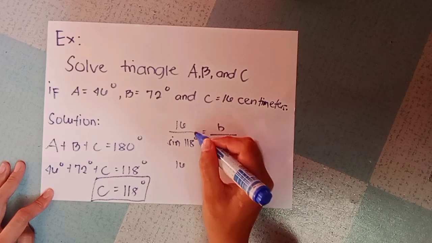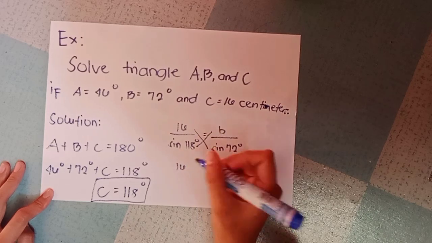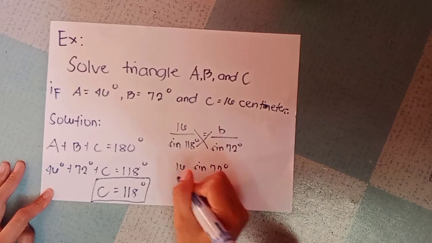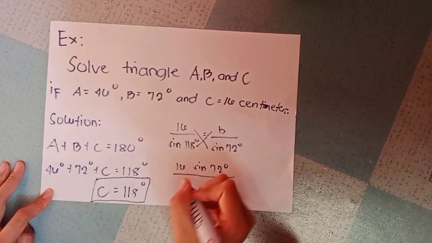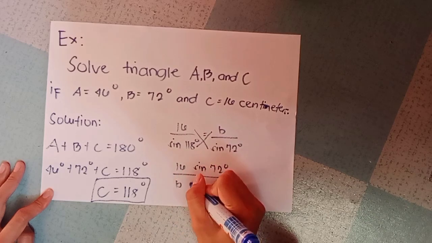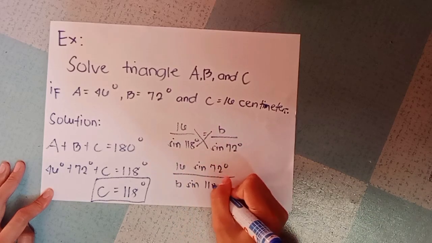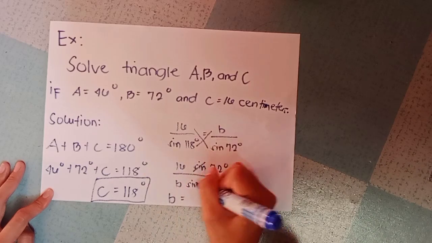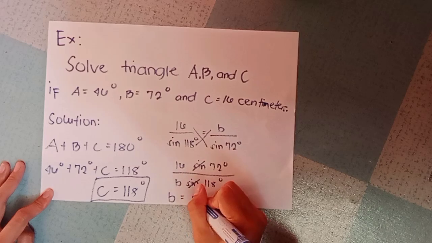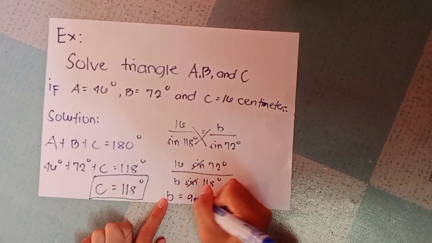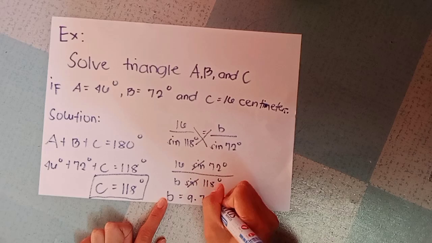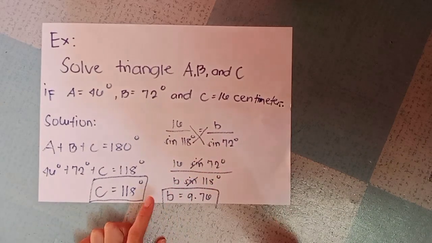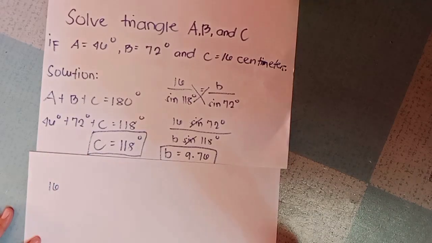We cross multiply this, so we get 16 sine 72 degrees over sine 118 degrees equals b. So we cancel out the sine, so we have b equals 9.76. That is our value of side b.